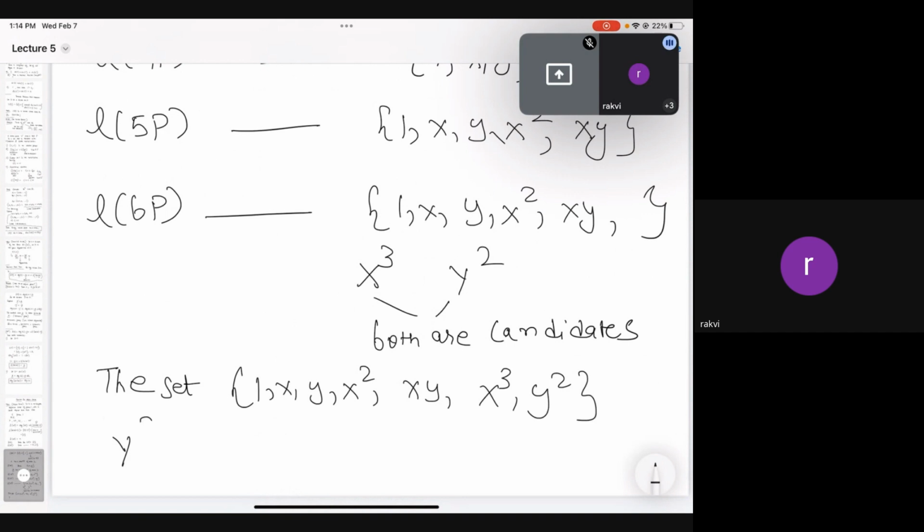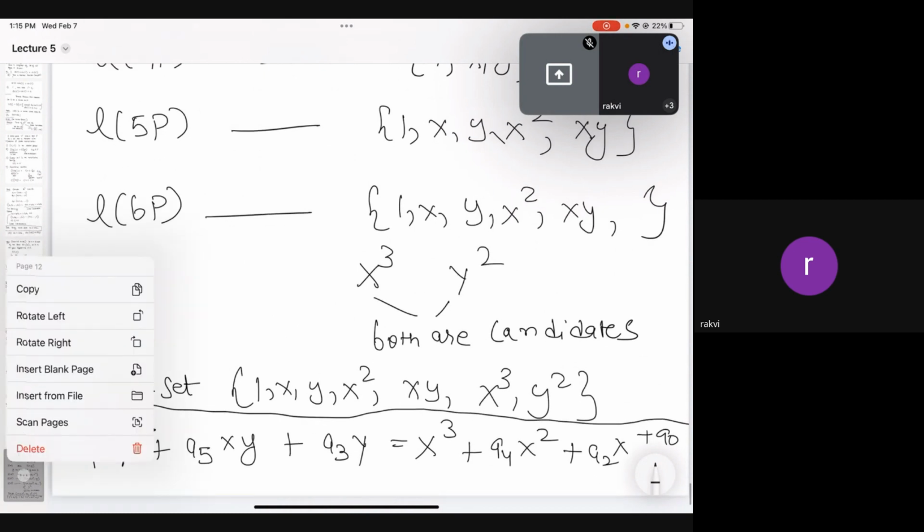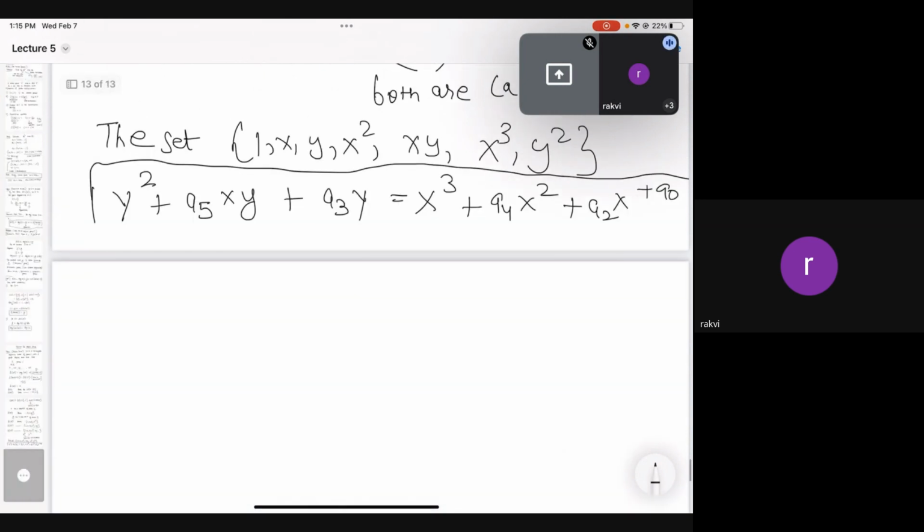So I'll get Y square plus a5 XY, and I'm calling this a5 because of the order of the pole, just to keep track of that, plus a3 Y must be equal to X cube plus a4 X square plus a2 X plus a0. This is a cubic equation for an elliptic curve that one usually starts reading with.